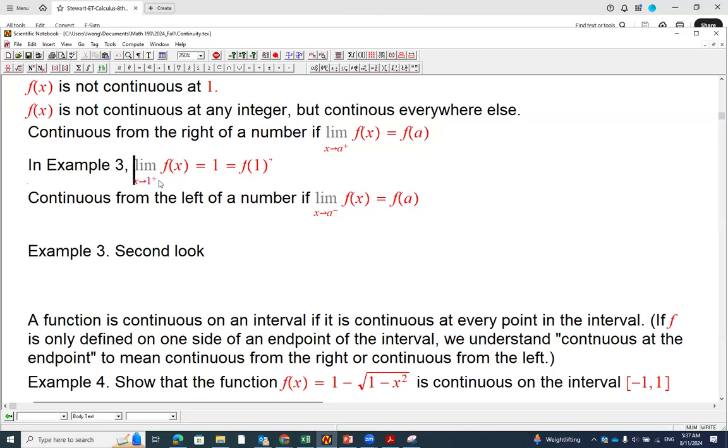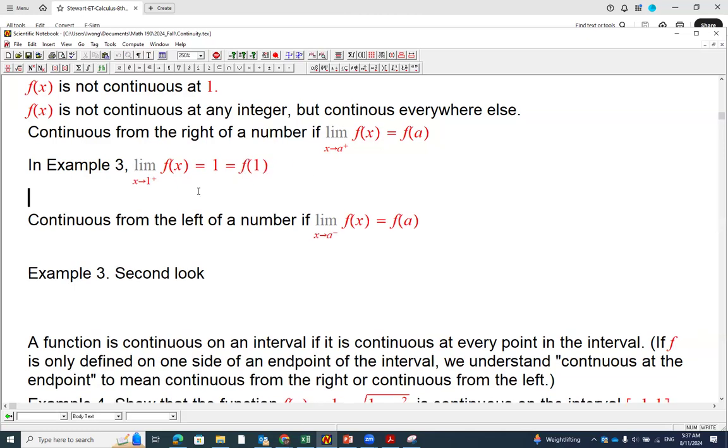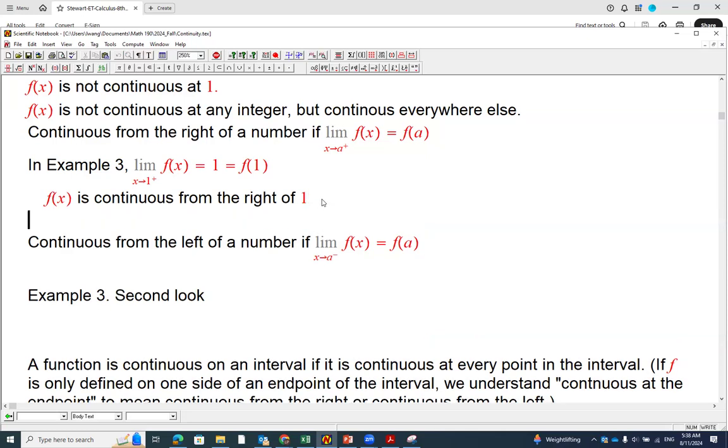It is equal to f of 1, so this function, even though it's not continuous at 1, is continuous from the right of 1. So you say f of x is continuous from the right of 1.